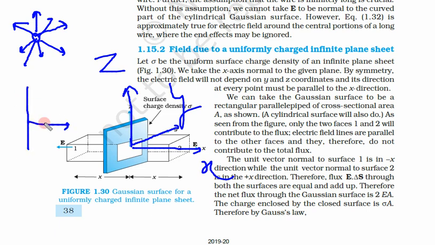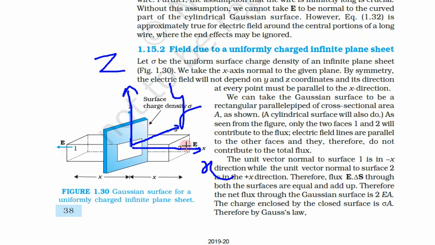Again it is radially outward in all directions. So the electric field was in all directions for a wire. Now we have to consider the case of a thin film, this infinite plane sheet.